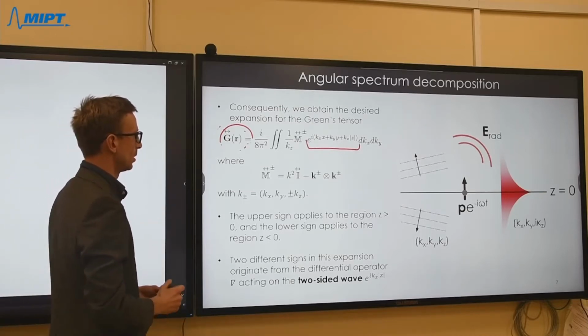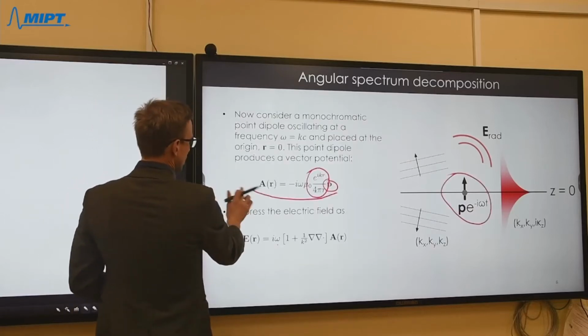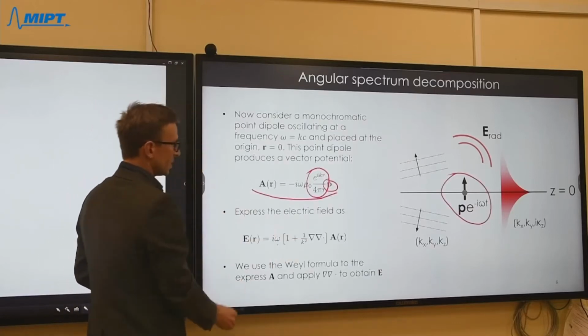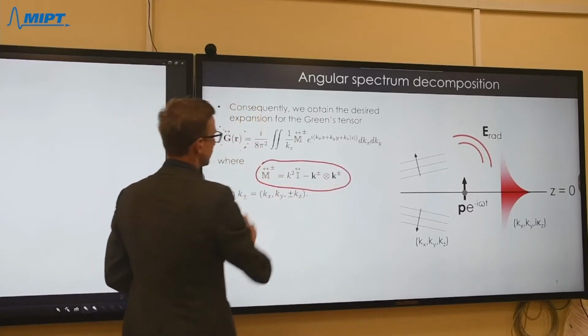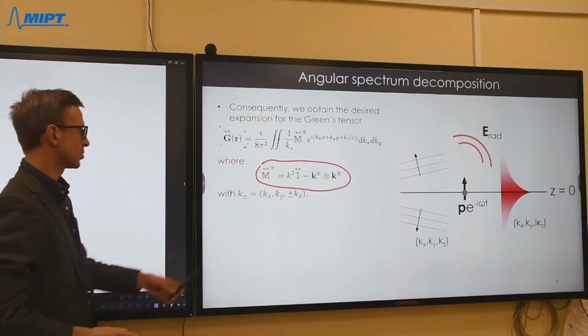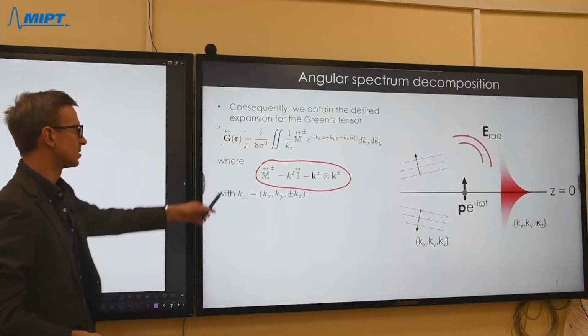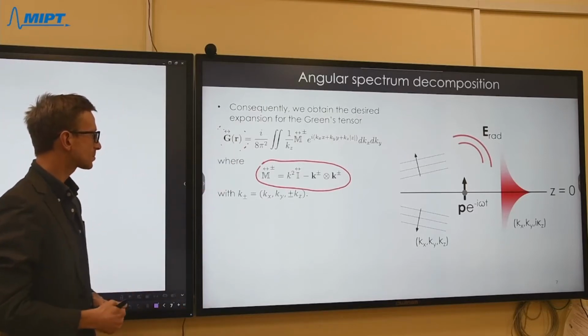And using this definition for the electric field, we obtain the following form for this M dyad in the K space. So this, in principle, is the answer to the problem.